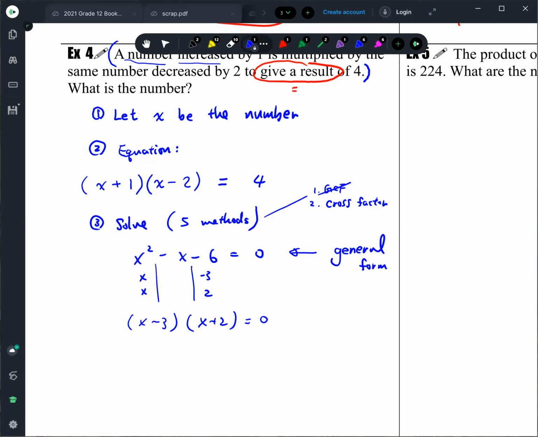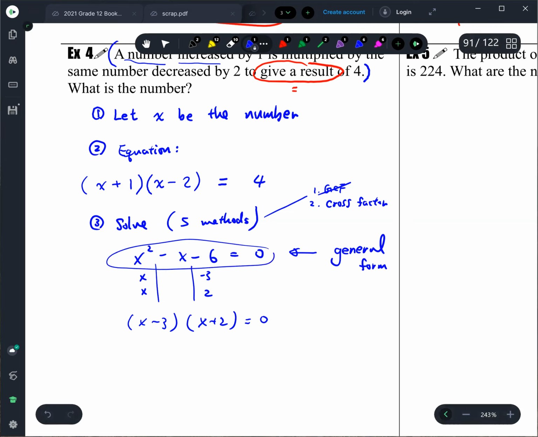Wait, Mr. Jason, I finished the x minus 3 times x plus 2 equals to 0. Yeah. It's x squared plus 2x minus 3x minus 6 equals to 0. We are not expanding, we're solving. We just came from there, right? We had x squared minus x minus 6 and we factored it. Oh, sorry.